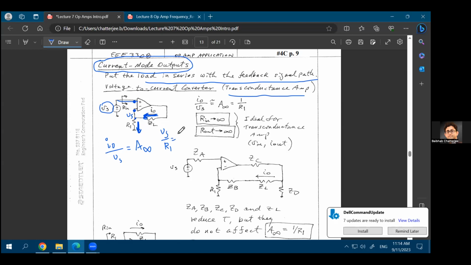So this will be equal to your I naught. So if Vs over R1 is equal to I naught, what is I naught over Vs? That will be 1 upon R1. What would be your I naught over Vs? I naught over Vs will be equal to 1 upon R1. And that's a direct relation you can find out from the previous equation.